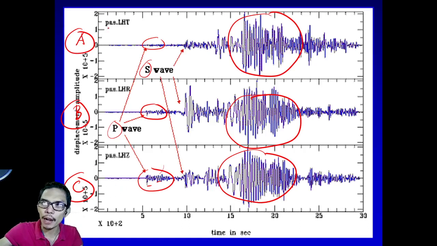Meanwhile, A is far away from the epicenter because the amplitude of its P wave is slightly lower than the one on letter C. Letter B is in the mid range. It is not near, but it is not so far as well. So that's how you determine the distance to the epicenter using only the seismograph readings that you have right here.